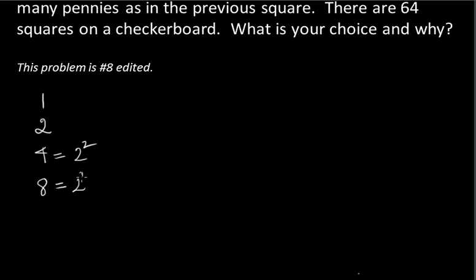That's 2 squared times 1 more 2 gives us 2 cubed, 3 factors of 2. A factor is something that divides into the number, or it is part of a product. So when I say put 1 more factor of 2, I mean multiply by 2.